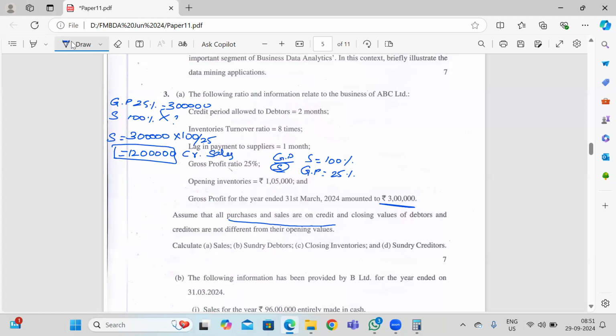Now I have calculated sales already, and I want to calculate some other data based on other information available. We have credit allowed to debtors as 2 months.